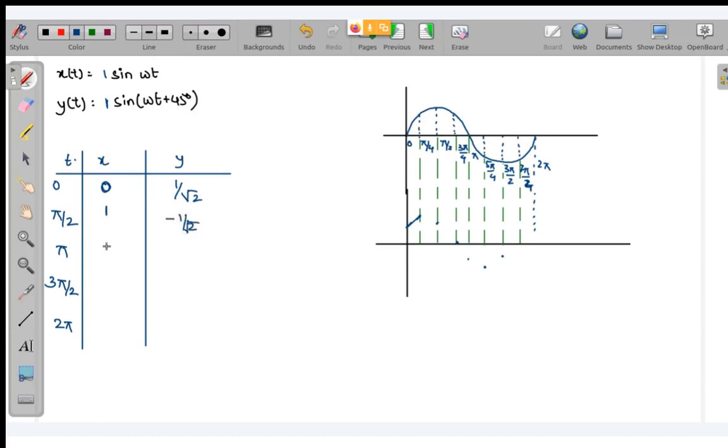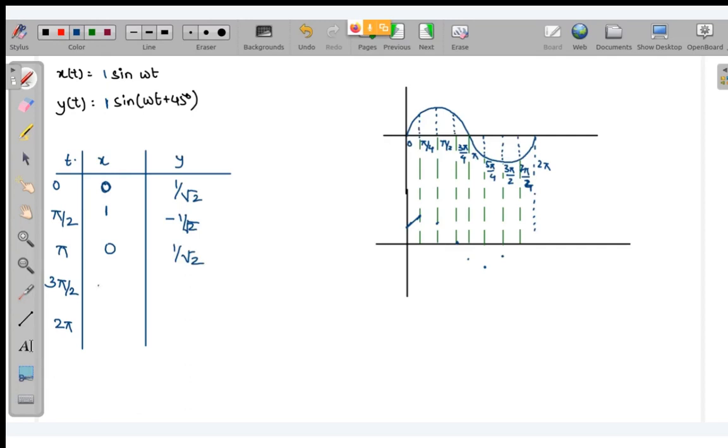For pi, this will be 0. This point will be 180 plus 45, so that is 225. This will be 1 by root 2, I think. This point will be once again 3 pi by 2.